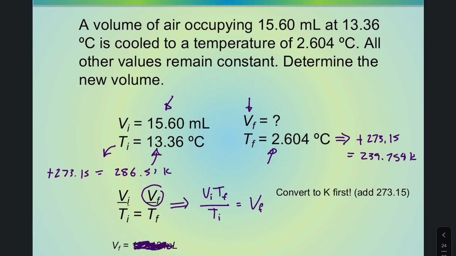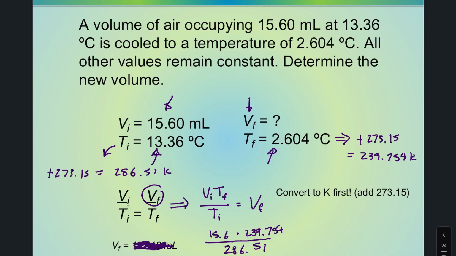So our TI is now going to be that value, and this is what we'll plug in. VI is still 15.60 milliliters. We multiply that by our TF, which is 239.754, and then divide by the TI, which was 286.51.